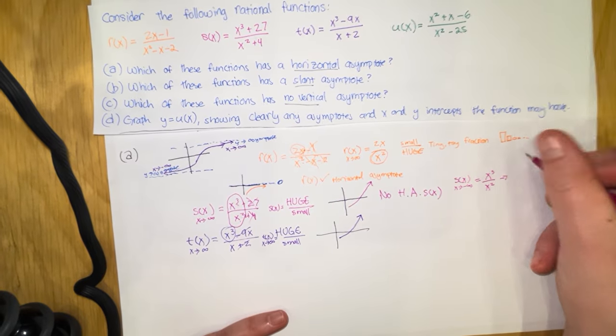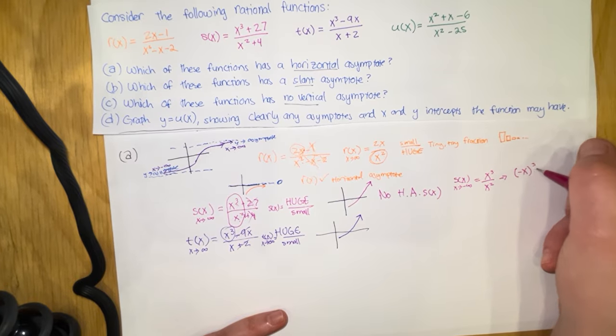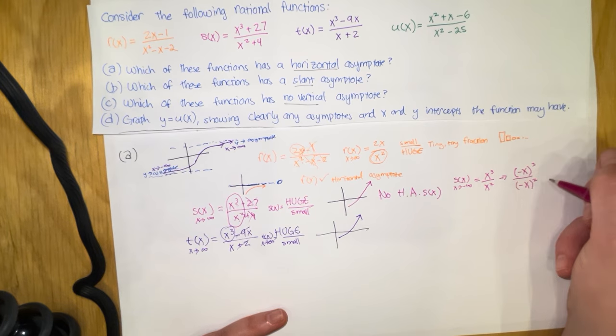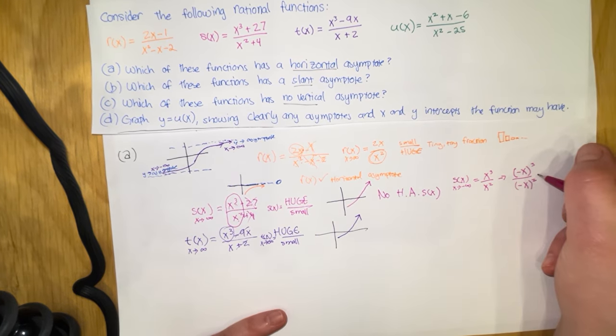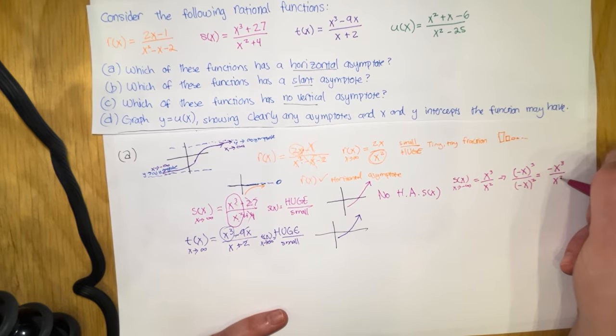With x going to negative infinity, we'd have negative x cubed over negative x squared. So this would be the same as negative x cubed over x squared.